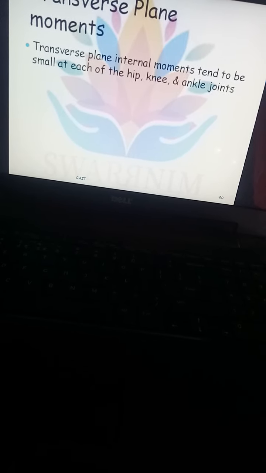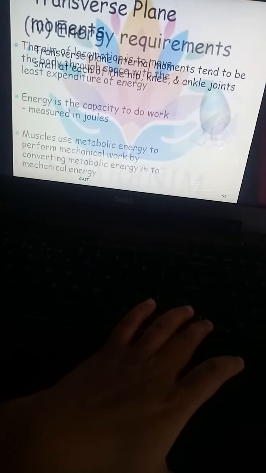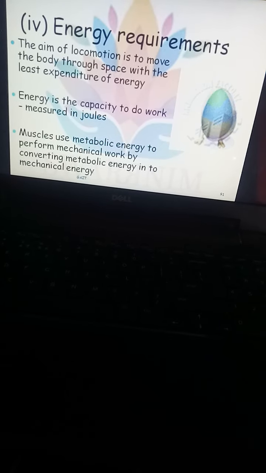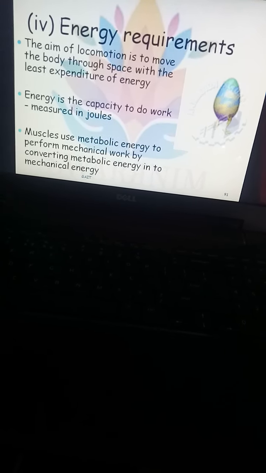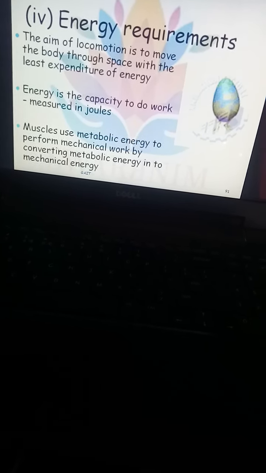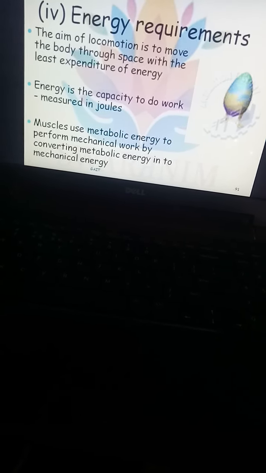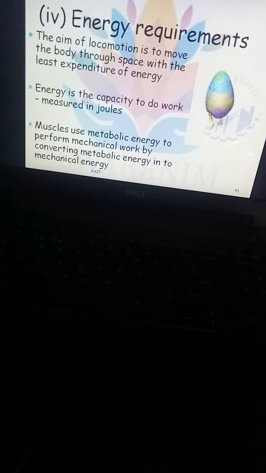and ankle joints. So next, what are the energy requirements during walking? The aim of locomotion is to move the body through space with the least expenditure of energy.